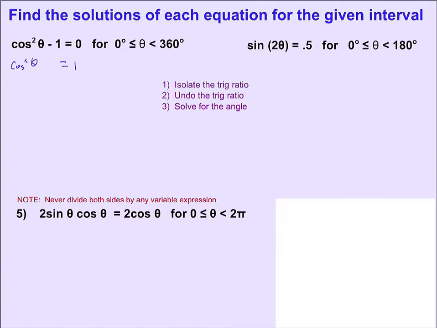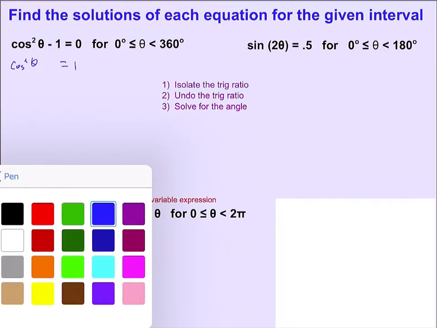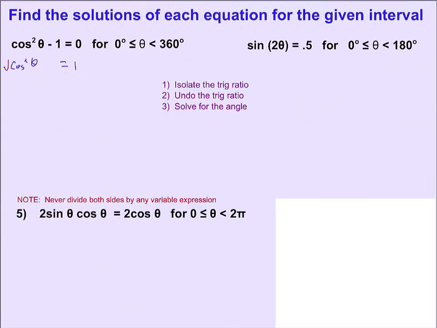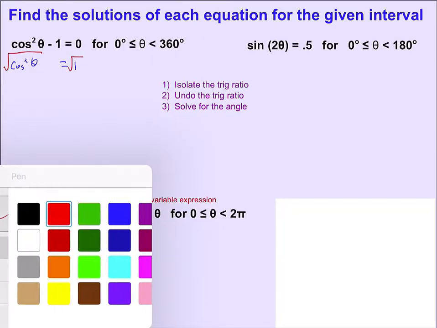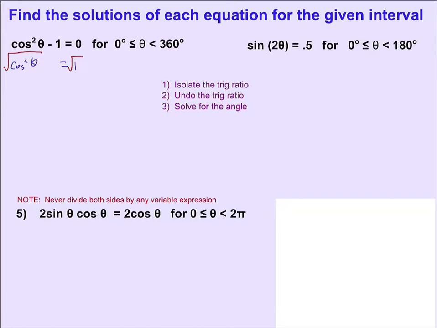And keep in mind that that's not isolated, because the cosine of theta isn't by itself right now. It's still being squared. So we do still need to get rid of that square with the square root, the same way we've done it all year. Now, be careful. When we take the square root of both sides, we do have to remember that the square root of the cosine squared of theta is actually the absolute value of cosine of theta.